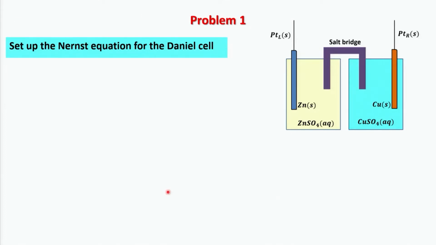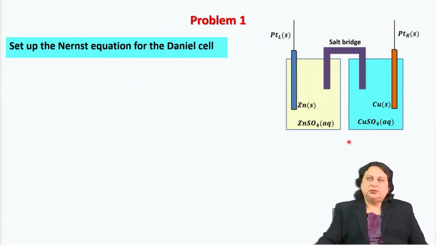Almost all of you have seen this schematic diagram of a Daniell cell before. This is from your high school days. So, what do I have here? I have two different compartments. On the left hand side compartment, I have zinc sulphate solution in water, represented here as ZnSO4 aqueous.